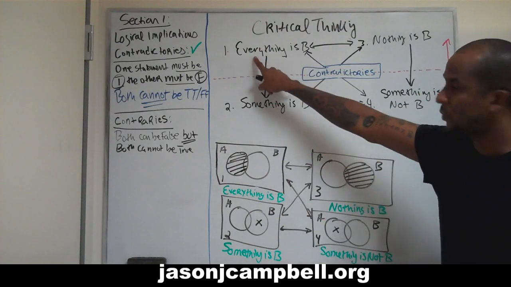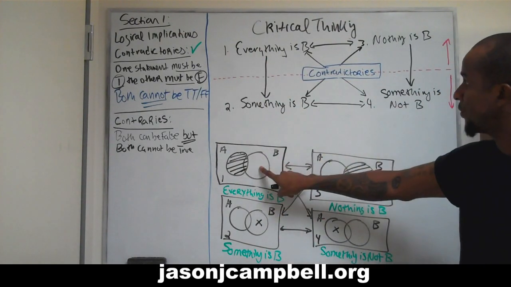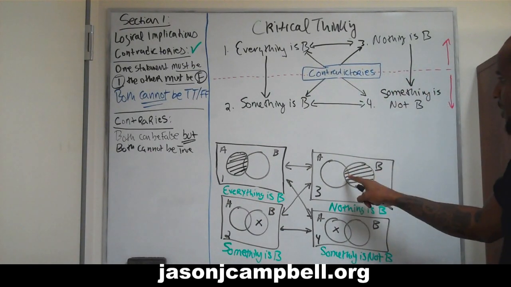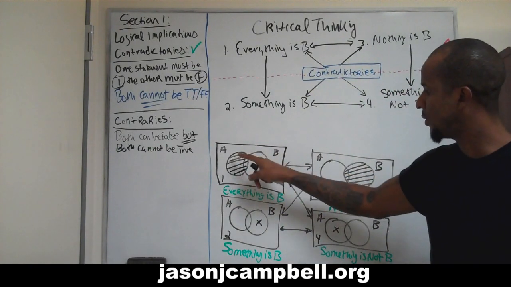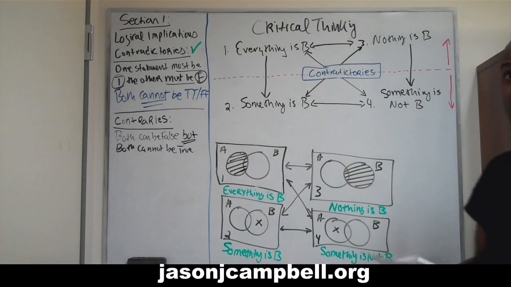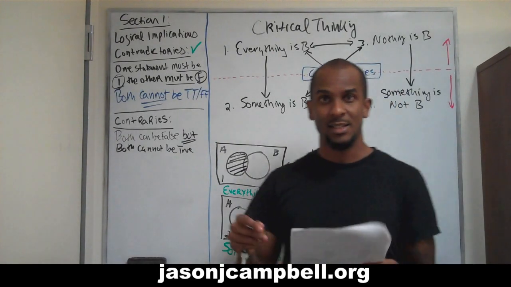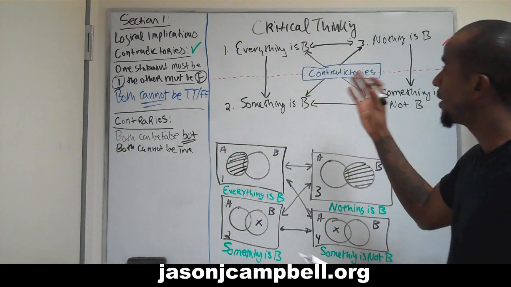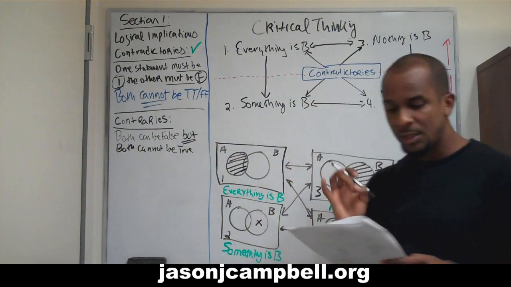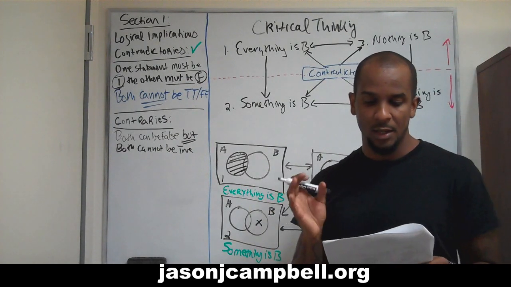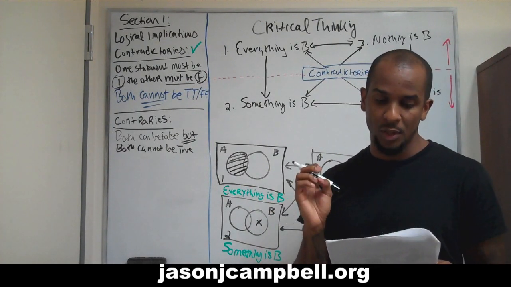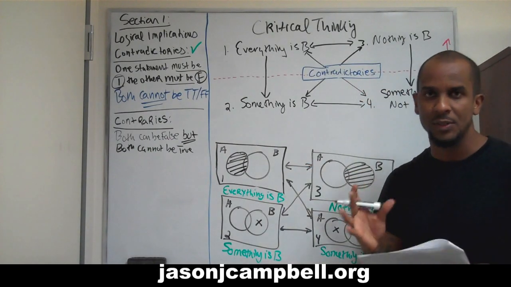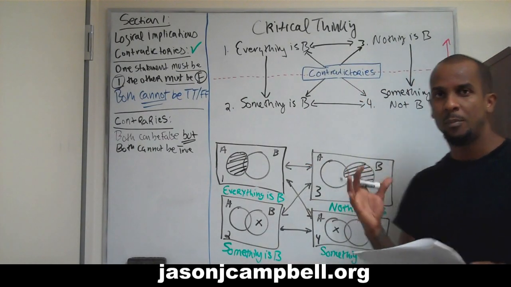I don't want to move too quickly because that was an additional step. But if I say that this is false, and I say that this is false, well, I have to recognize that it could be the case that something is B. So with respect to our contraries, keep in mind that the limitation is that 1 and 3 can both be false, but you cannot have 1 and 3 both true.